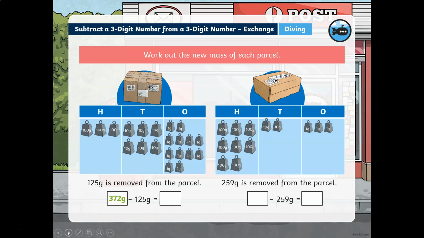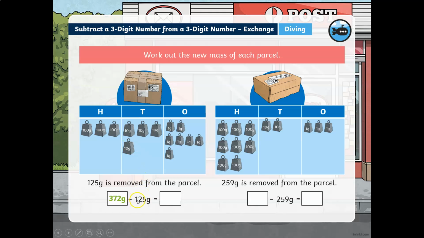Okay, now we have 12. And take away 5 will give us 7. Now over here we have 6. We can take 2 from 6, no problem. And we have 4.